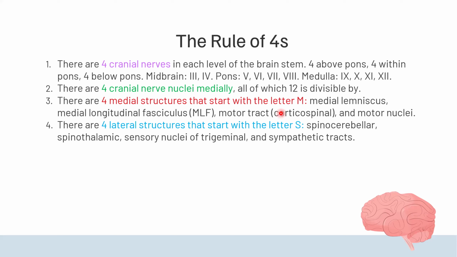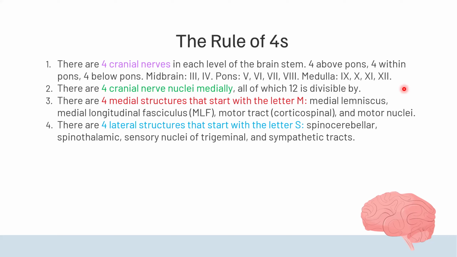Now, when you look at the Roman numerals, you can see that the V's are grouped together except number 4. And then the X's are grouped together in the medulla. Okay? The second rule within the rule of fours is that we have 4 of these cranial nerve nuclei lined up within the center. Which ones are they? First of all, they're motor. And second of all, they are what 12 is divisible by.